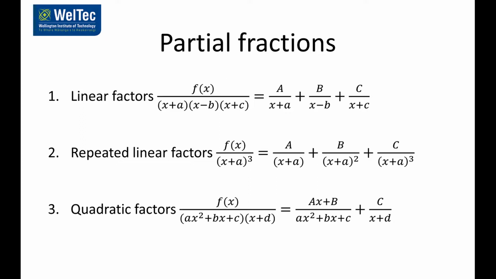If you've got repeated linear factors, then you break your original into a number over once times the linear factor plus another number over twice the linear factor, or squared, plus a number over the linear factor cubed, as far as how many you need to go up to. So in this case there's 3, but if it was 4, you'd obviously go up to 4.